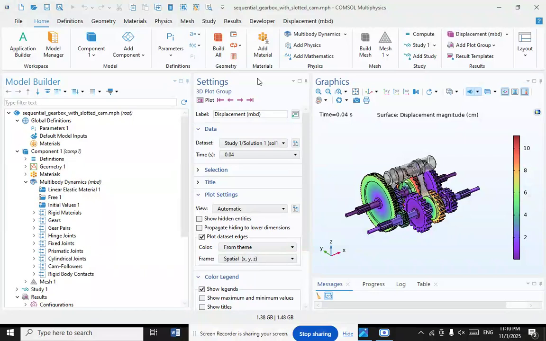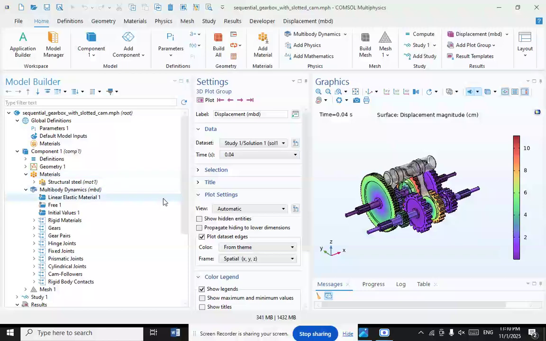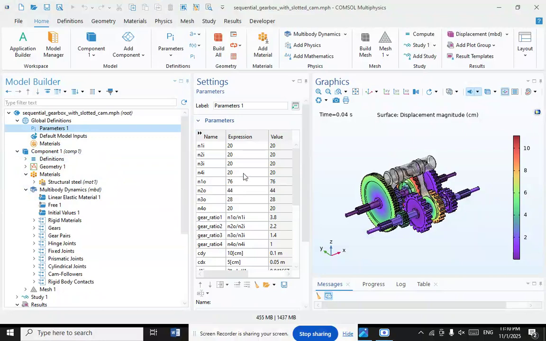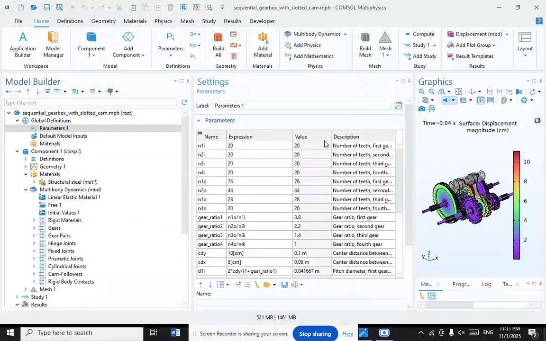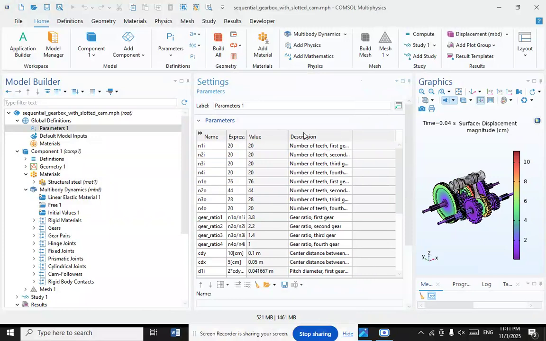And here you can see that I have used the multibody dynamics as a physical module and structural steel for the material of this gearbox. For example, for parameters, you can see the number of teeth is about 20 teeth for first gear.